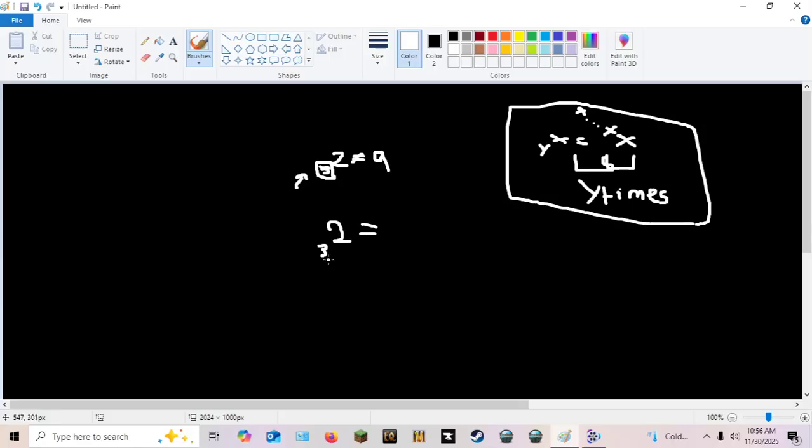So we gotta tetrate 2 3 times. So 2 tetrated to 2 tetrated to 2. Now, like in tetration, we gotta do the upper exponents first, and then just like in pentation, we gotta do the tetration heights first.